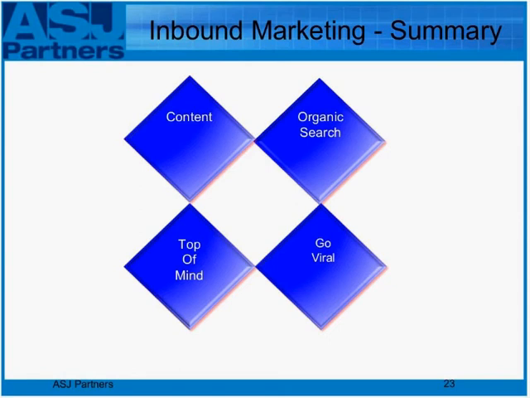So the first one is, how do I increase my ranking in an organic Google search? Okay, so that's a great question. And the way you increase your ranking is understanding how Google's ranking you.